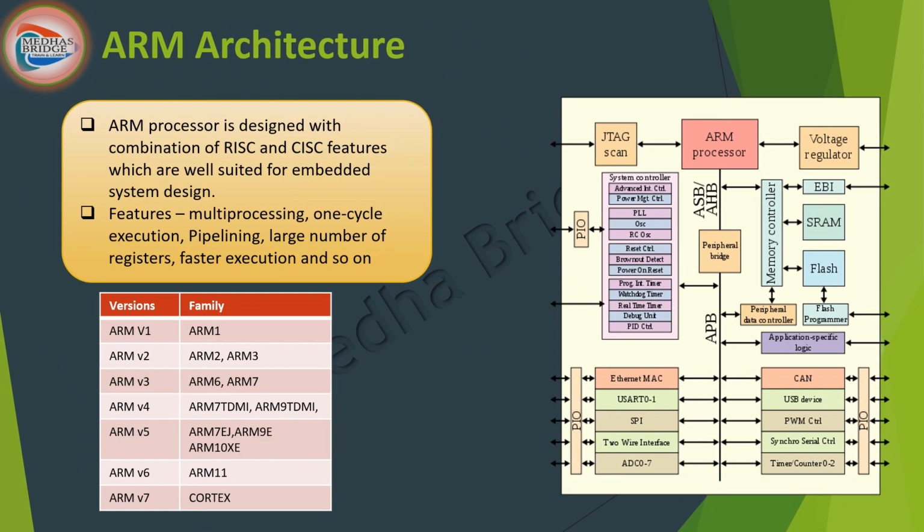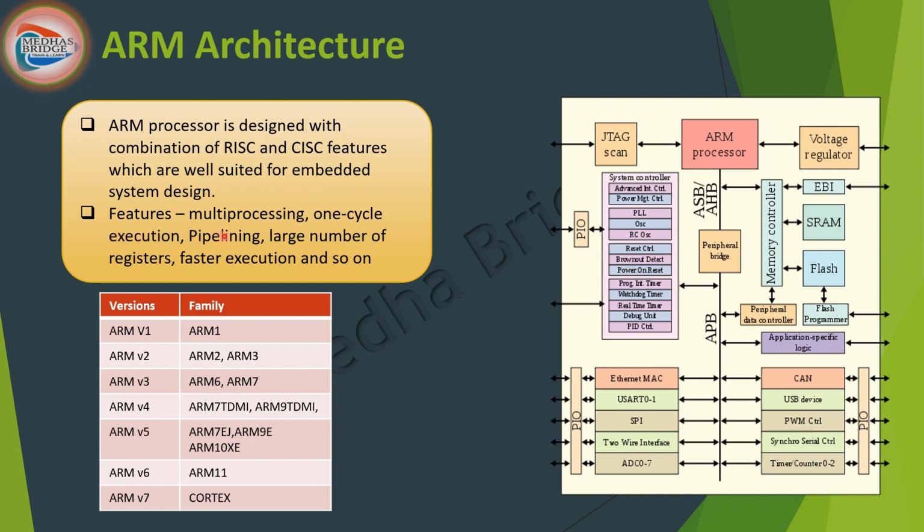Let me share a few pointers on ARM architecture. ARM architecture is widely used in today's embedded system design. The ARM processor is designed with a combination of RISC and CISC features, which are well suited for embedded system design.